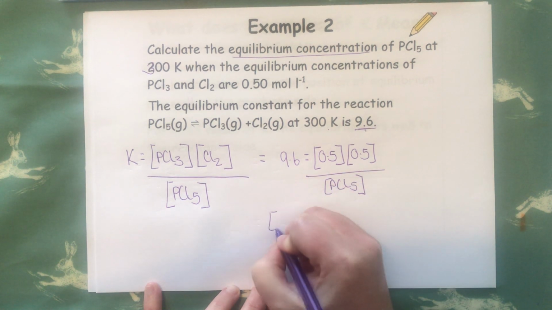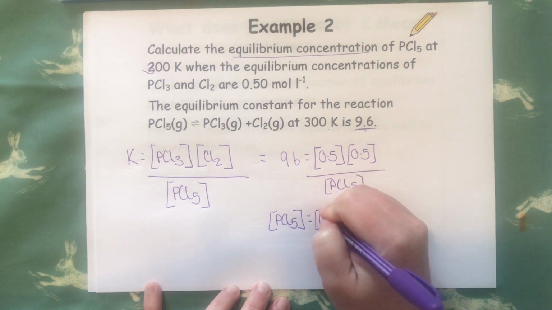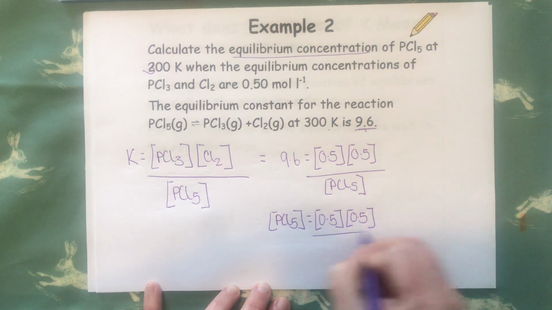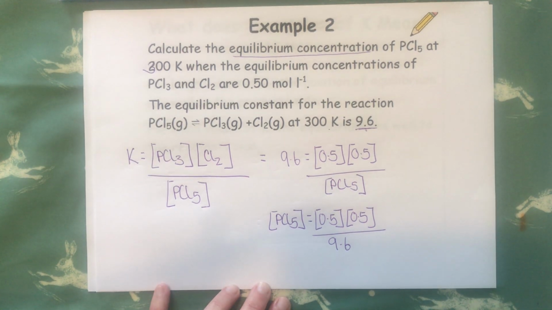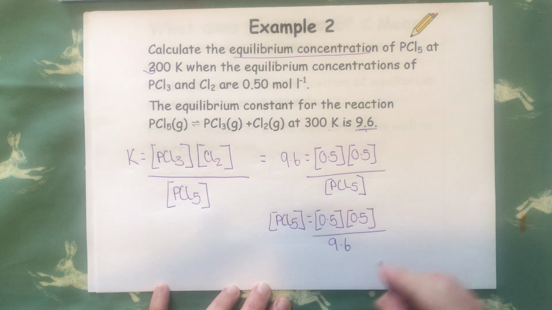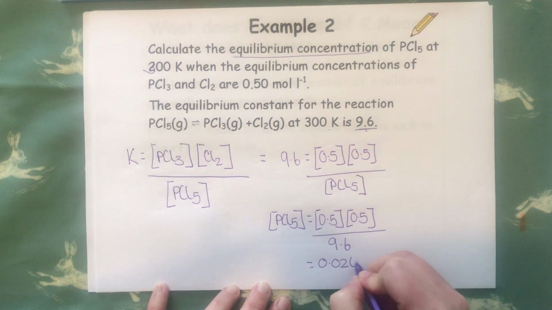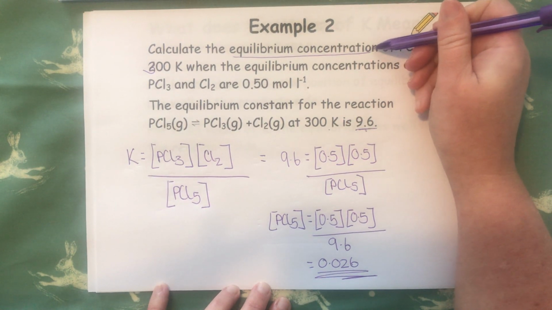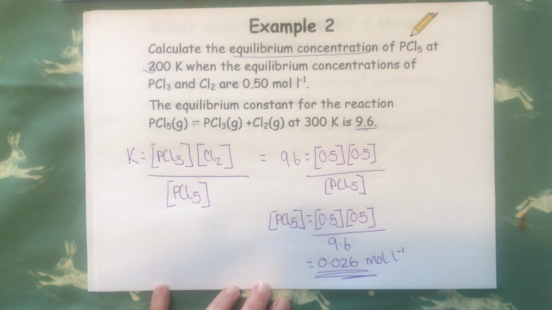So if we just rearrange that accordingly, we've got 0.5 and our next concentration of 0.5 over 9.6, if you can all see how that was rearranged. We then just plug that into the calculator and we get a value of 0.026. Now remember, the difference in this example is that we are actually working out a concentration, so we need to add in the units of moles per litre.